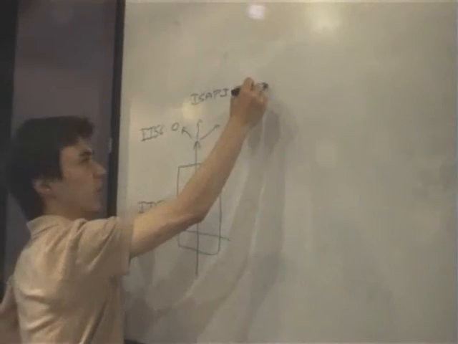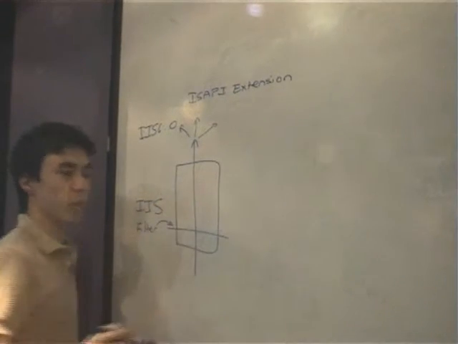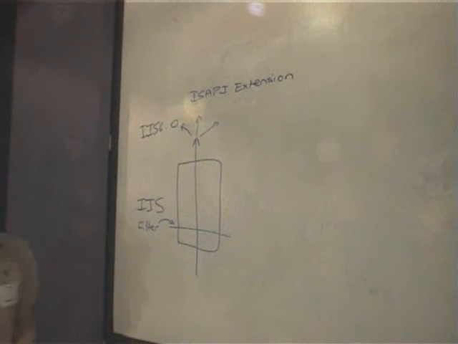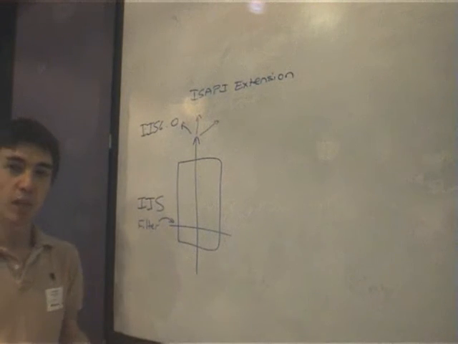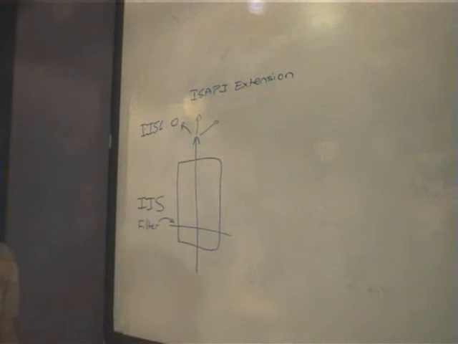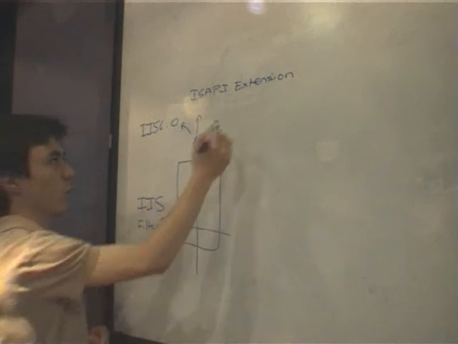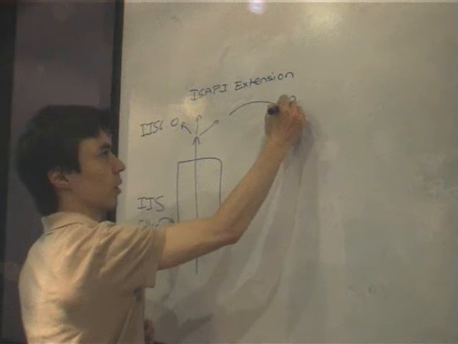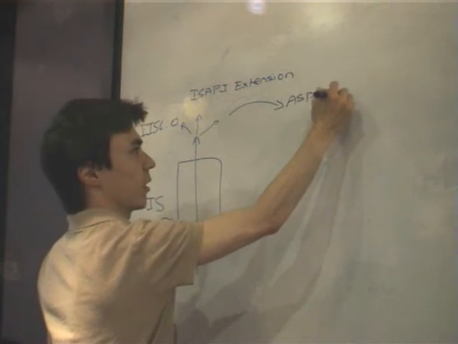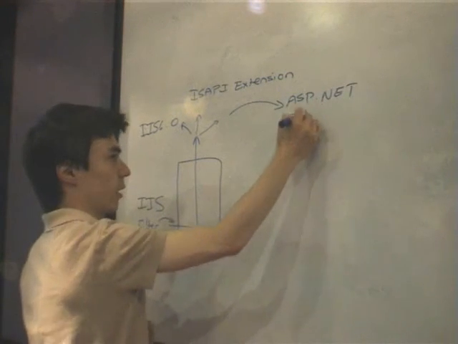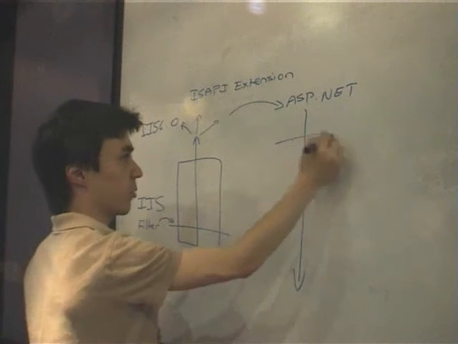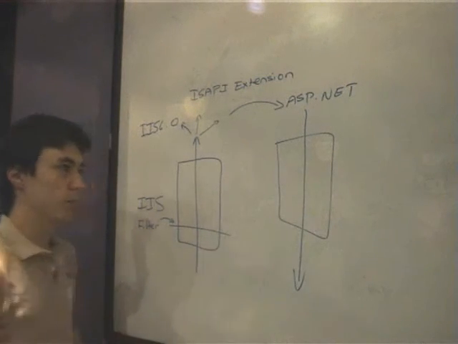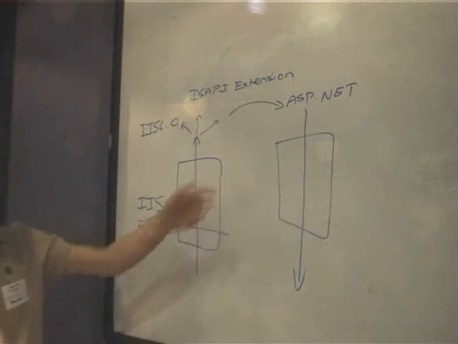So if it was an ASP request, it would be handled by the ASP ISAPI extension. If it was an ASP.NET request, then it would be handled by the ASP.NET ISAPI extension. So if it was an ASPX page, we would hand it across to ASP.NET, and then we would have a separate ASP.NET pipeline where we'd have various modules and so forth in there.